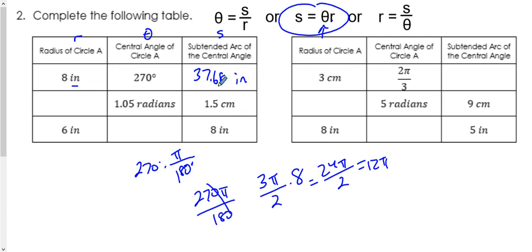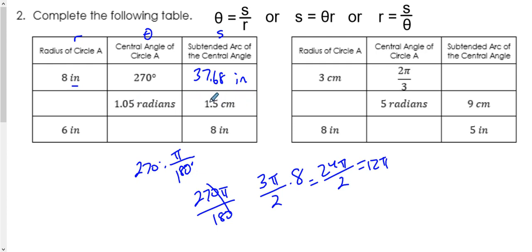So this will be in inches automatically. That's how long the arc is. If we go basically 3/4 of the way around a circle, that's what 270 degrees is, we will travel 37.68 inches.